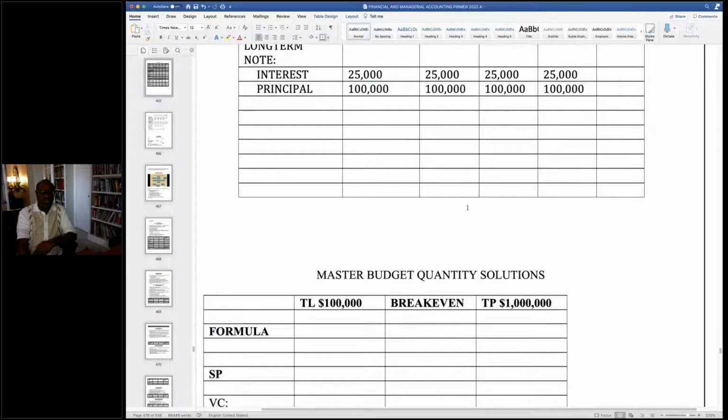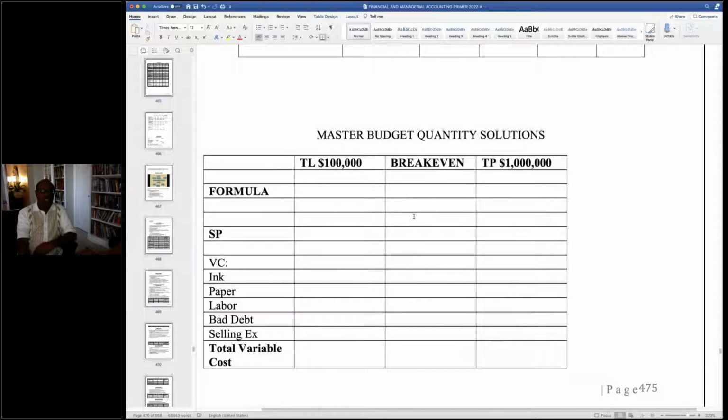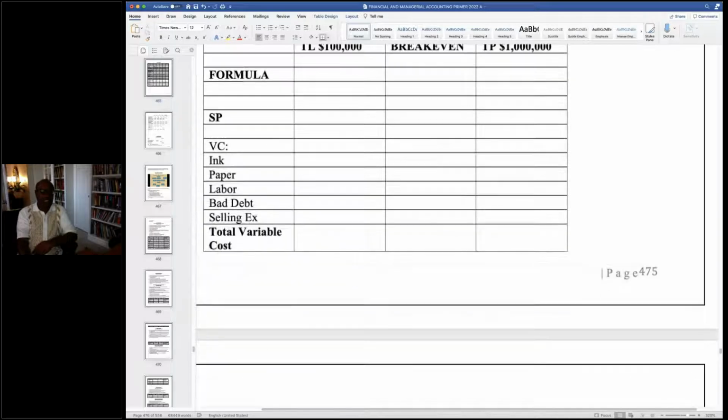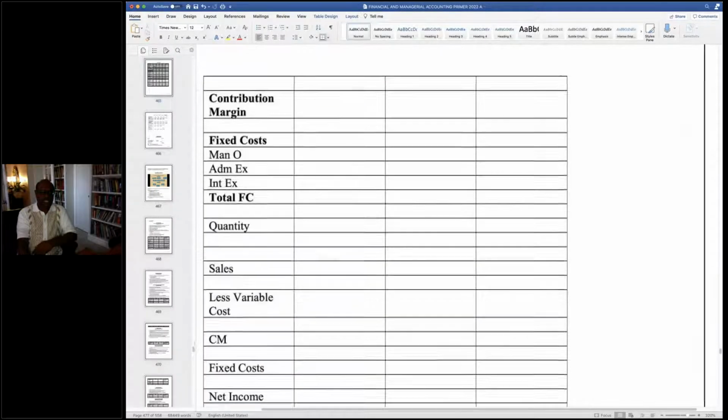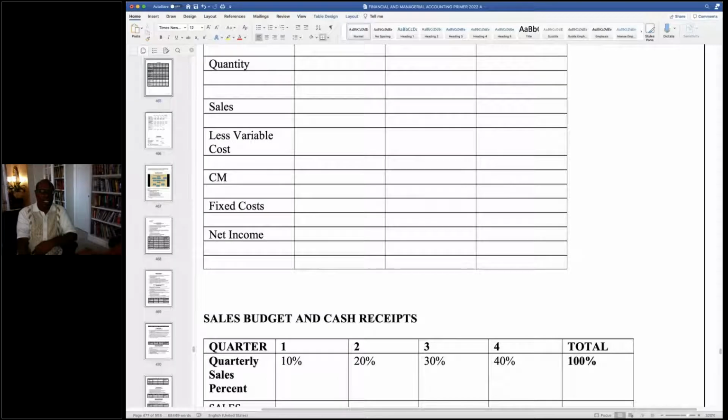And what we're doing now is showing you where that's going to lead you. Okay, so we come right back to the master budget quantitative solutions. The first thing that we saw to work with: selling price, variable costs, ink, paper, our labor, bad debt and selling expenses. So we do some of the same things. Okay.